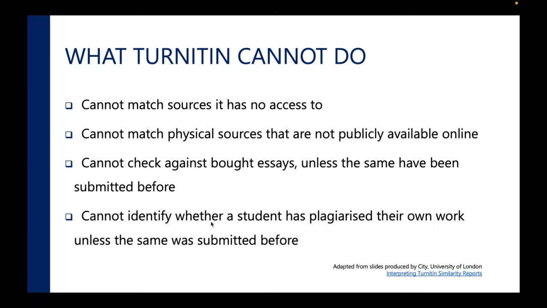If the essay has been bought from somewhere, and materials sourced from there aren't accessible to Turnitin, then it won't be able to check that. And in other cases, it may also not be able to check whether the student may have plagiarized their own work. And this is if they've submitted into a different institution, particularly if it's a different company that Turnitin does not have access to, things like that.